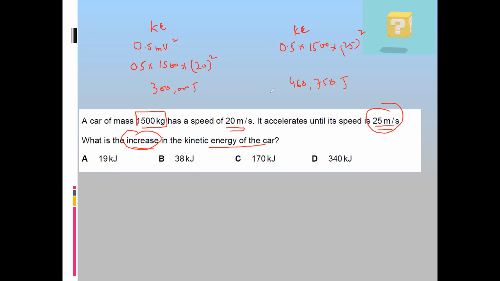So what is the difference in the two numbers? You subtract them because we want to find the increase. Yeah, the difference. So the difference is 168750. That's right.